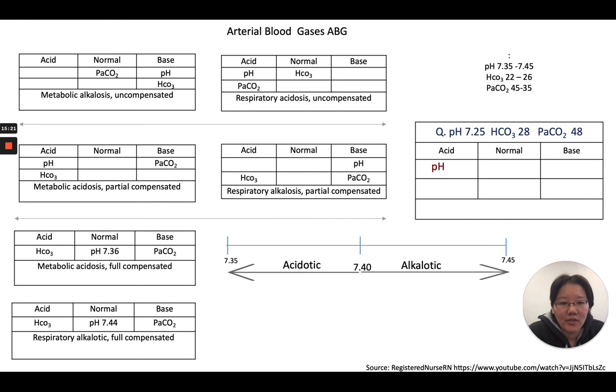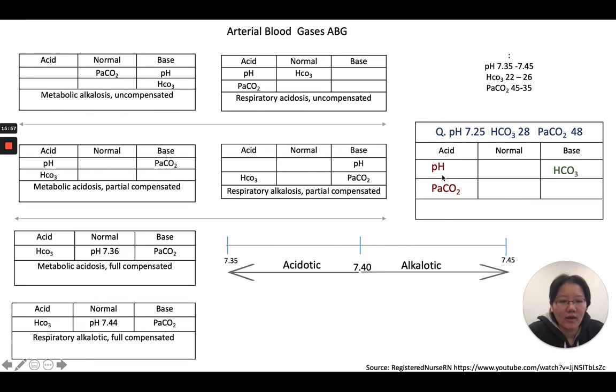So pH 7.25 is on the acid side, because 7.35, so 7.25 is going to be on the left side. HCO3 is 28. Left is acid, right is base, so HCO3 is going to be on the base side. PaCO2 45 to 35. That's 48, on the left side, acid.